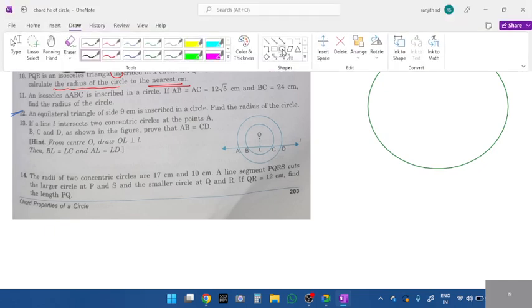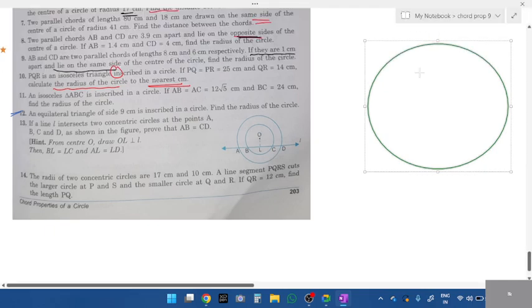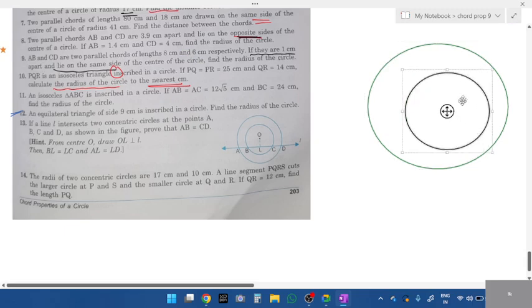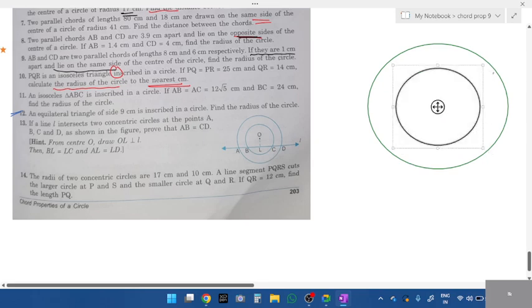When two circles have a common center, students, we call them concentric circles. These two are concentric circles. They have a common center and they also have a common chord.